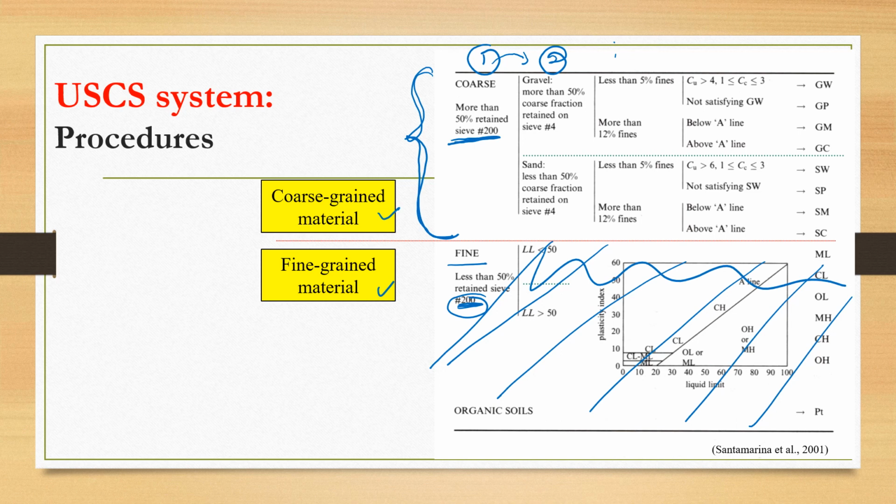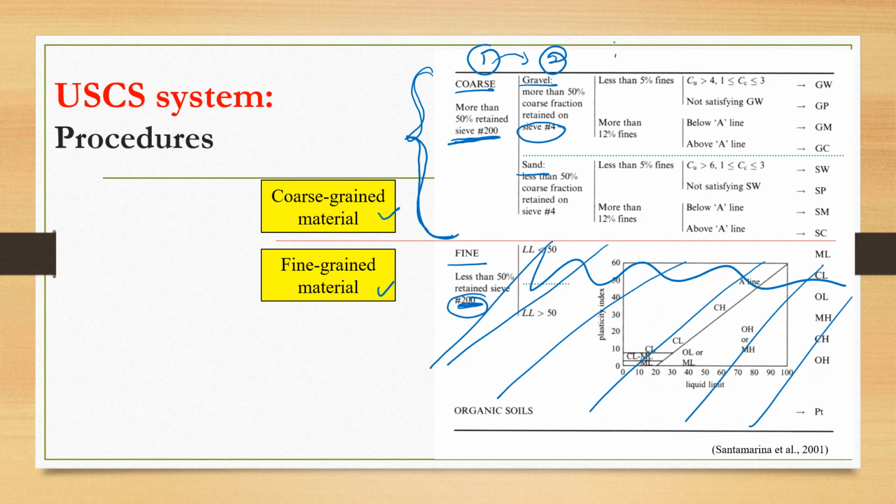The next column is to identify whether it is gravel or sand, because you already know that it is coarse, so you want to know whether it is gravel or sand. To identify that, you have to refer to sieve number 4, because that is the boundary between gravel and sand.